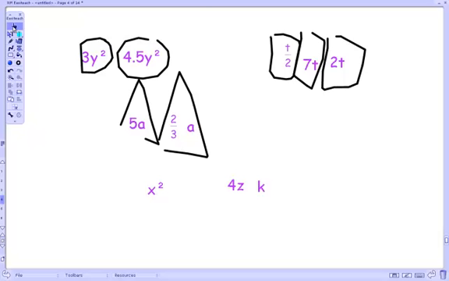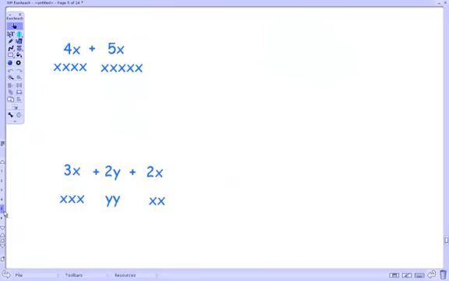So at times you're just going to say identify like terms. So all you would need would be circles and pyramids and underlines and squares and rectangles and lines. But other times you might actually have to combine them. So in this example, if you had 4 x's and 5 x's, and I said, how many x's did you have? Would you say, oh, I have 4 and 5?